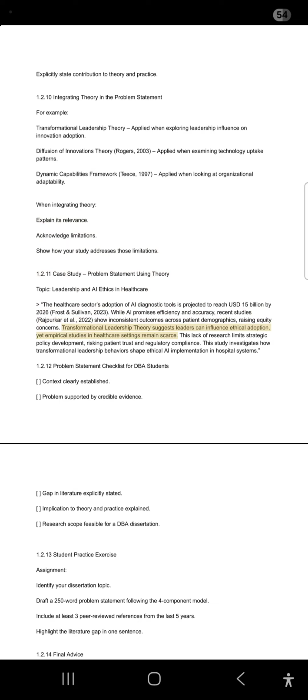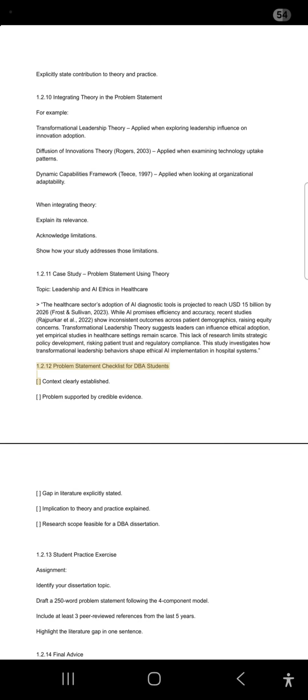Transformational leadership theory suggests leaders can influence ethical adoption, yet empirical studies in healthcare settings remain scarce. This lack of research limits strategic policy development, risking patient trust and regulatory compliance. This study investigates how transformational leadership behaviors shape ethical AI implementation in hospital systems.